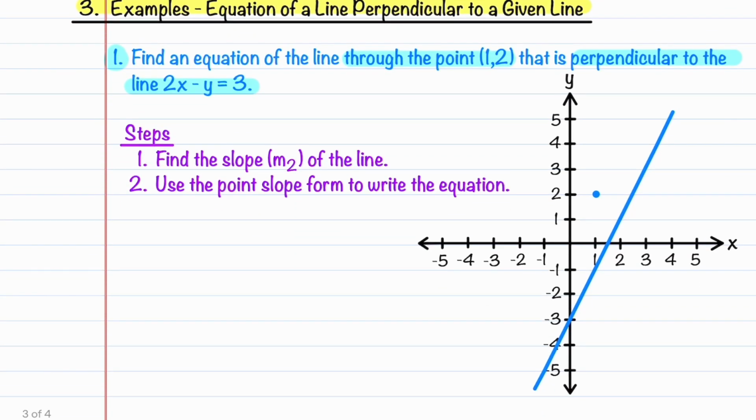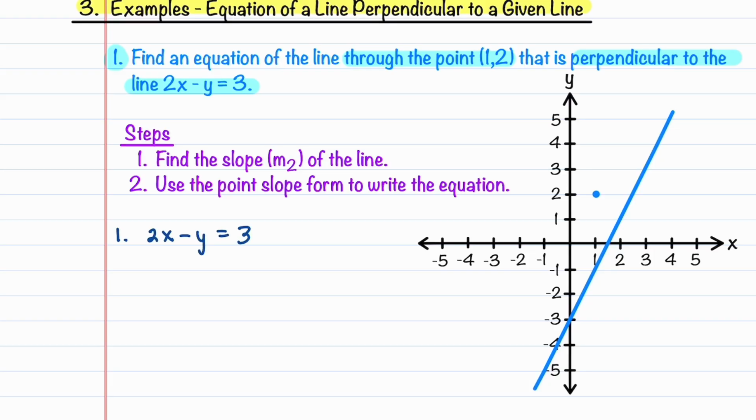We're going to follow the same steps that we did when we found the equation of a line parallel to a given line. Our first step is to find the slope of the line that we want to find. So we're going to begin by finding the slope of the line that we're given. So let's write down that line. It's 2x - y = 3.